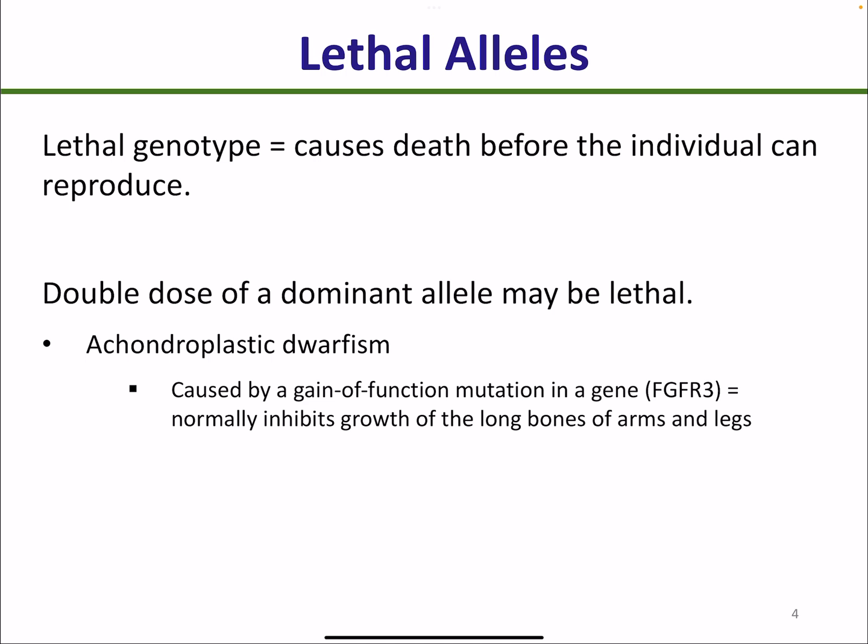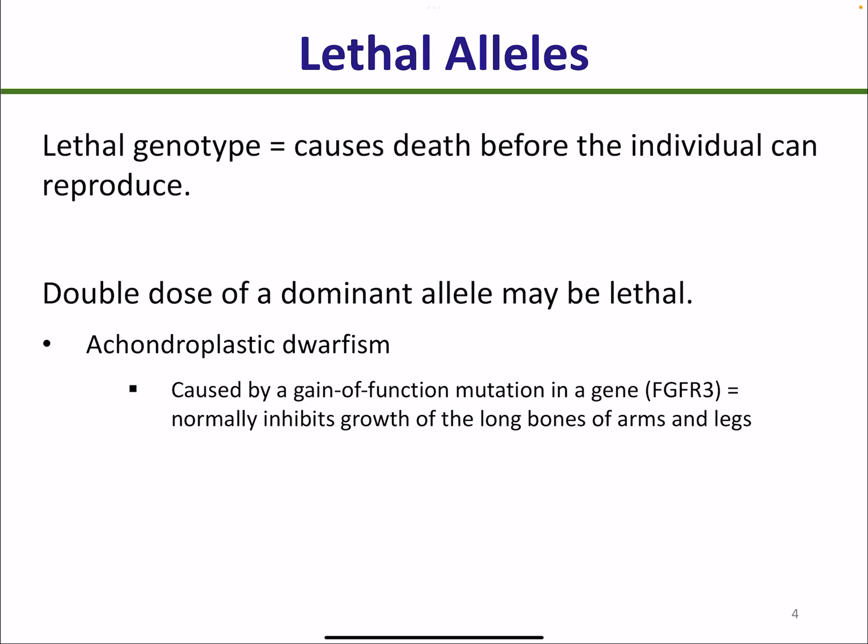Now, there are some alleles that, in combination, will never actually persist because they are simply lethal, right? A lethal genotype is going to cause death before the individual can reproduce.